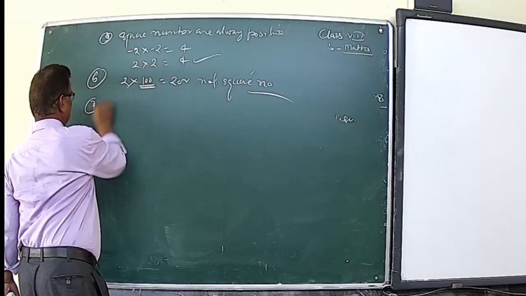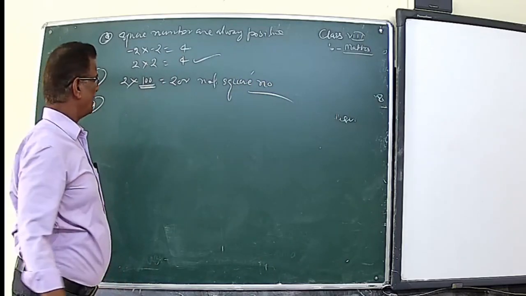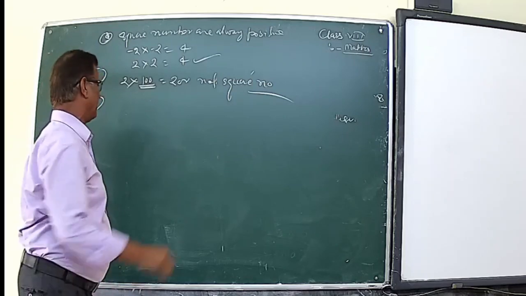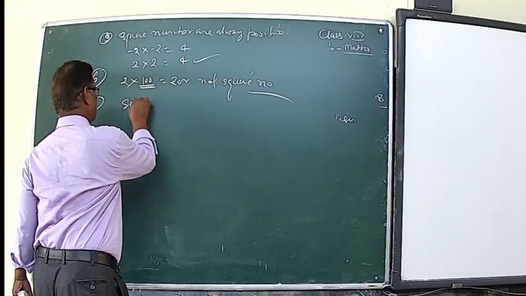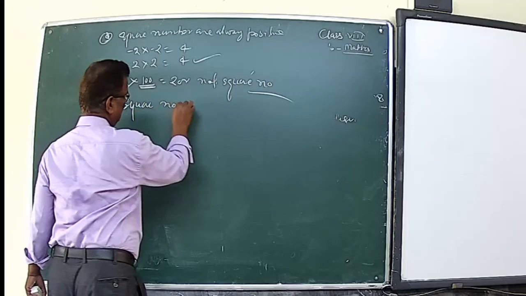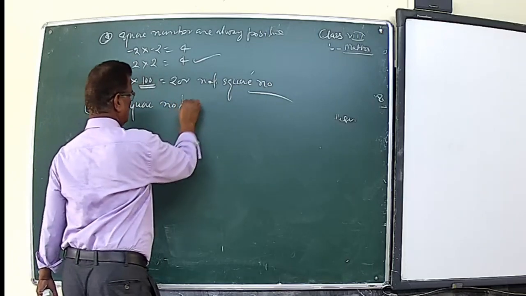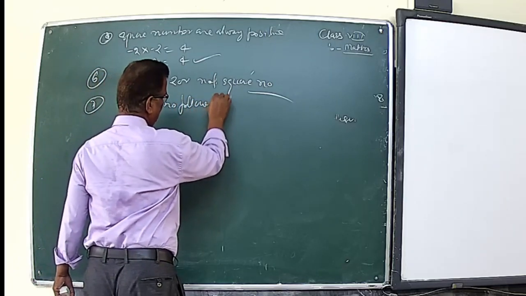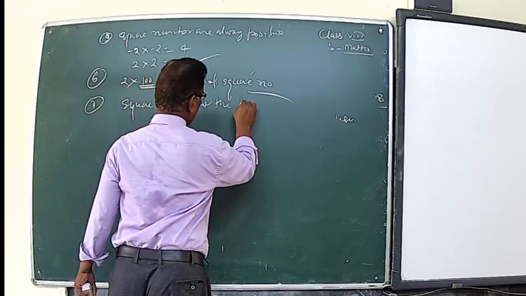Seventh: square numbers follow the exponent law.